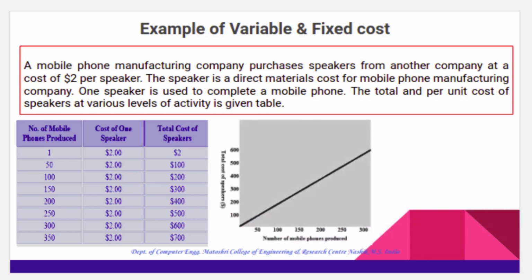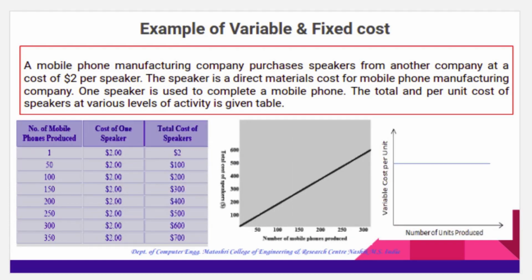While on the other hand, a cost that does not change in total with the change in activity is called fixed cost. A common example of fixed cost is rent. In our example, the mobile phone manufacturing company rents a building for its factory.